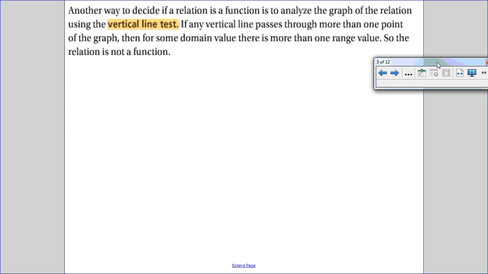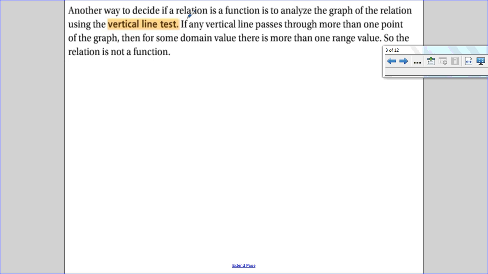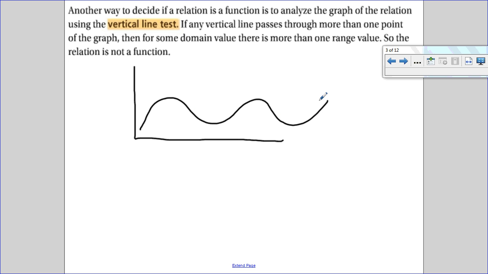Another way to decide that is if the relation passes the vertical line test. The way that you do your vertical line test is, if this was our function, and let's say it was kind of a curvy line, you take your pencil and lay it down vertically, and you just slide it along. I'm going to act like this is the pencil.